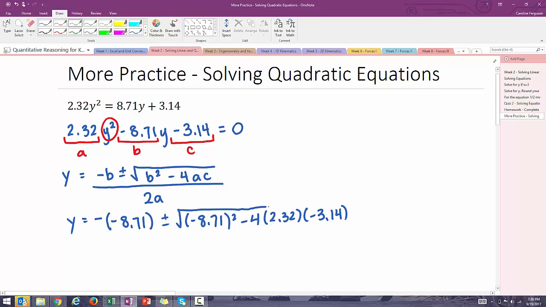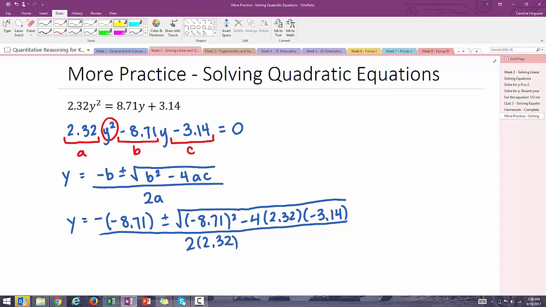Now I'm going to just extend my square root sign because it's all supposed to be in there, all over 2a. So 2 times my a value, which is 2.32.